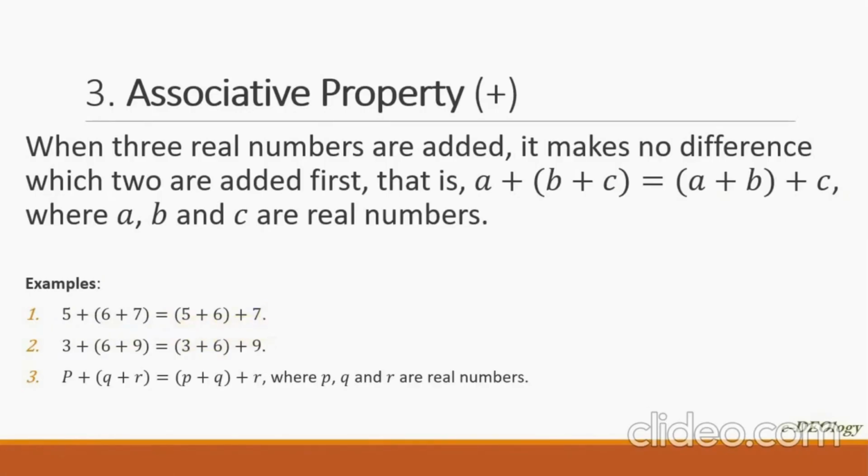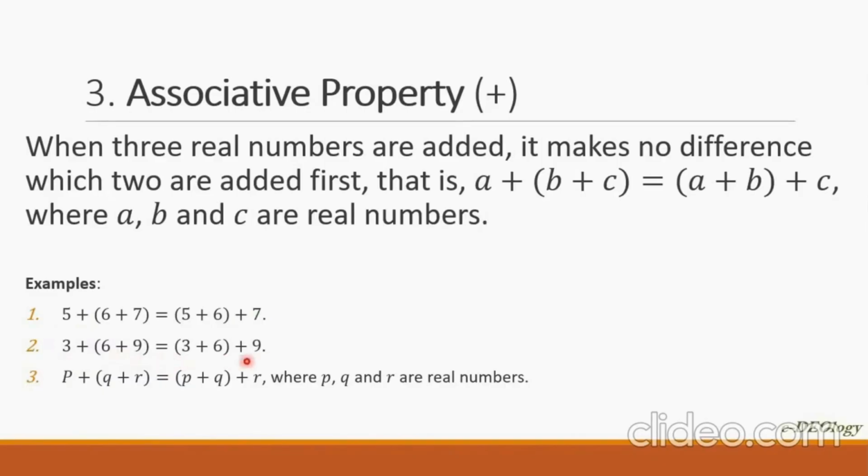Another example is for number 2. In here, 3, 6, and 9 are given. On the left side, again the 6 and 9, the last two terms, are grouped together.